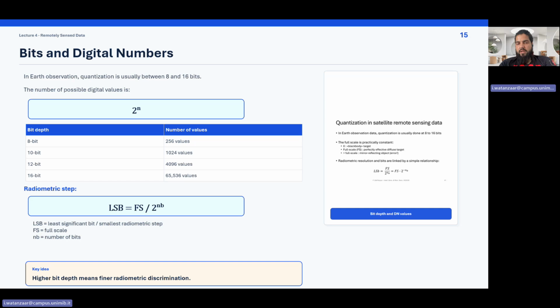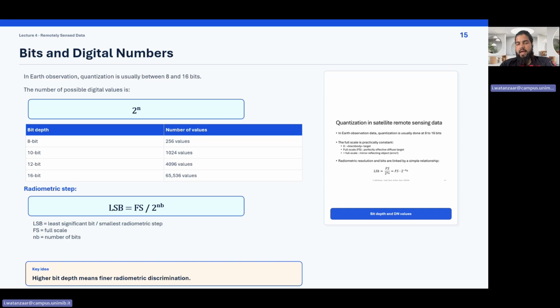So 8 bits gives 256 values, 10 bits gives 1,024 values, and 16 bits gives over 65,000. In the radiometric step, LSB is the least significant bit, the smallest radiometric step, which is FS, the full scale, divided by 2 to the power NB, the number of bits.